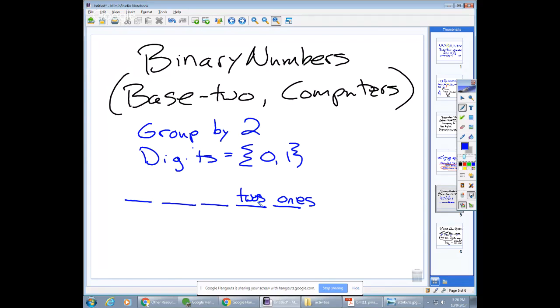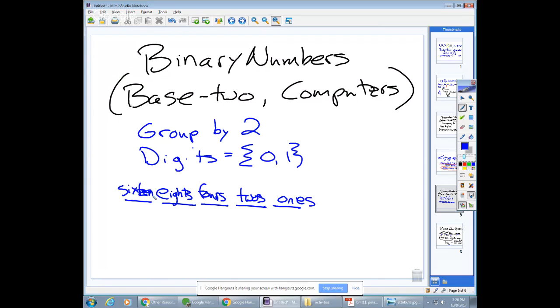So next group would be 2 groups of 2. That would be our 4s. 2 groups of 4s? 8s. And 2 groups of 8? 16s.